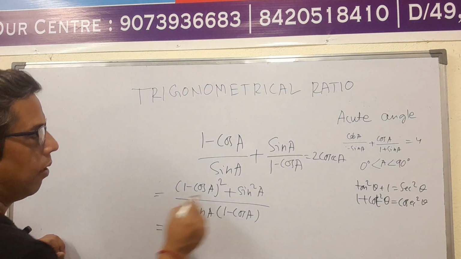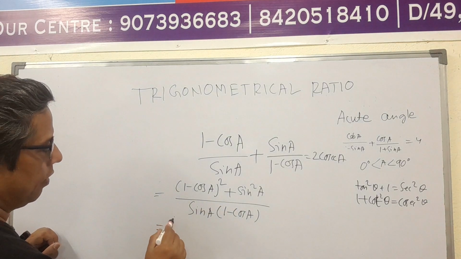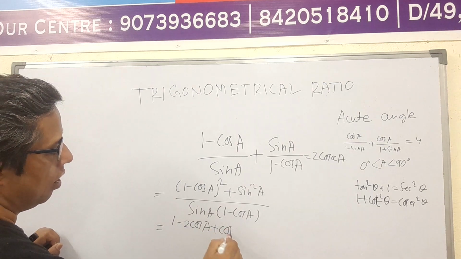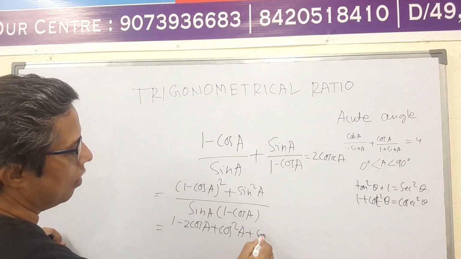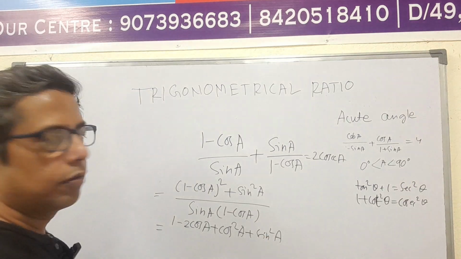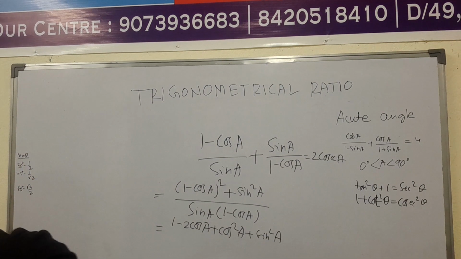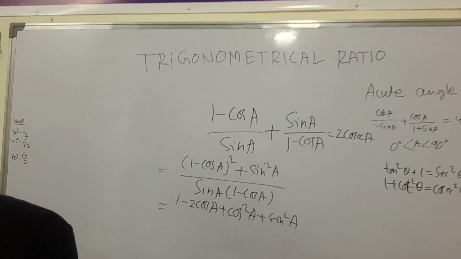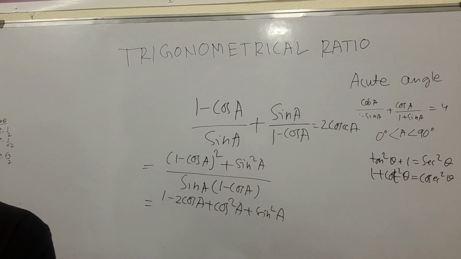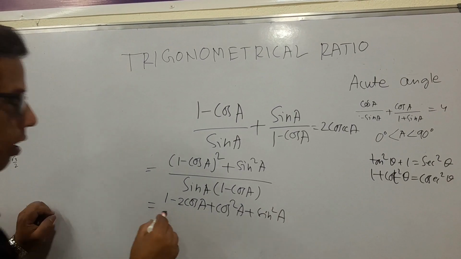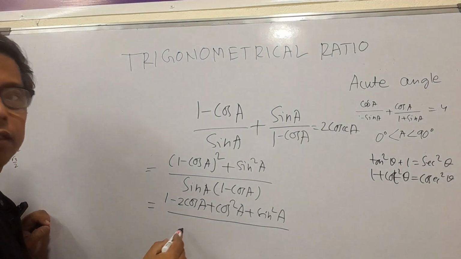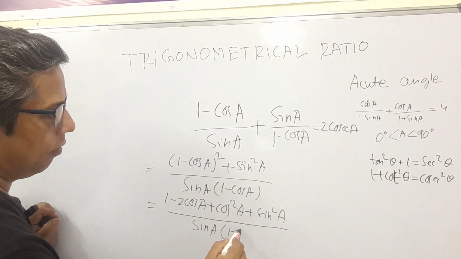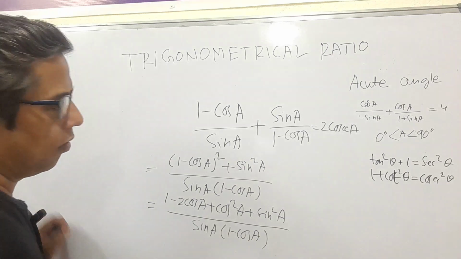So if I expand (1 minus cos A) square, it is 1 minus 2 cos A plus cos square A, plus sin square A. Now let me make some adjustment for you. Divided by sin A into (1 minus cos A).